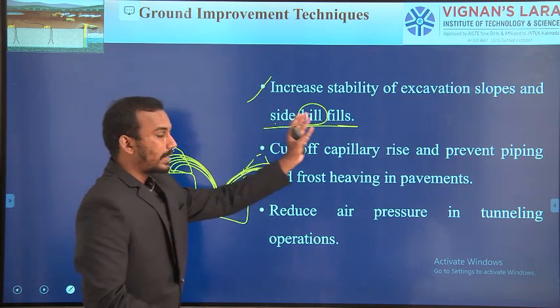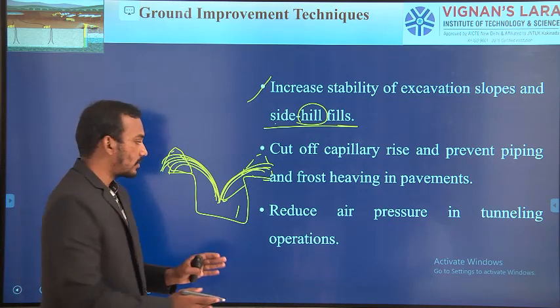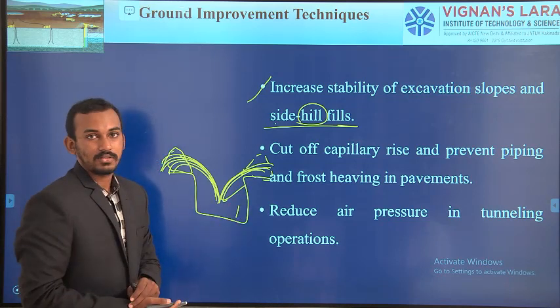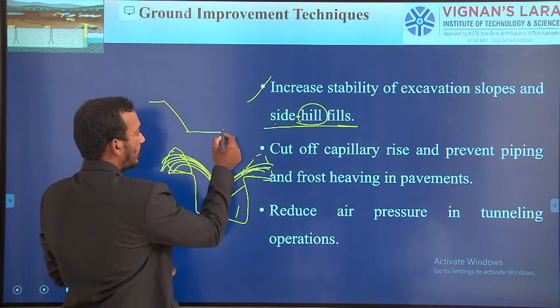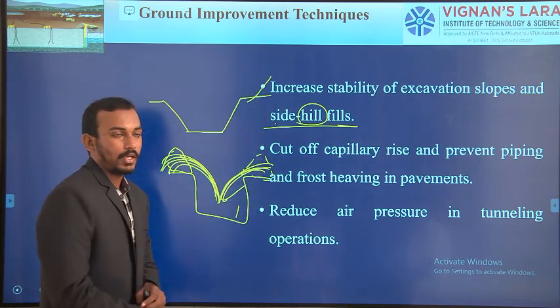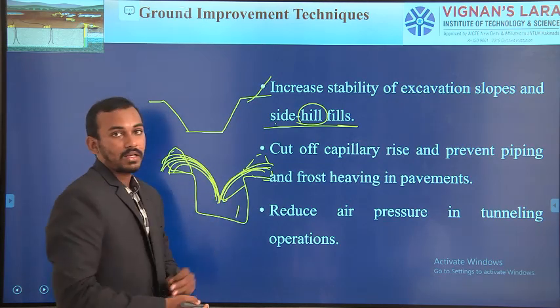So, increase the stability of excavation slopes. We generally do not carry out these sheer-sided excavations. What shape do we generally excavate? We generally excavate in slopes. This trapezoidal shape is more stable than this rectangular one.